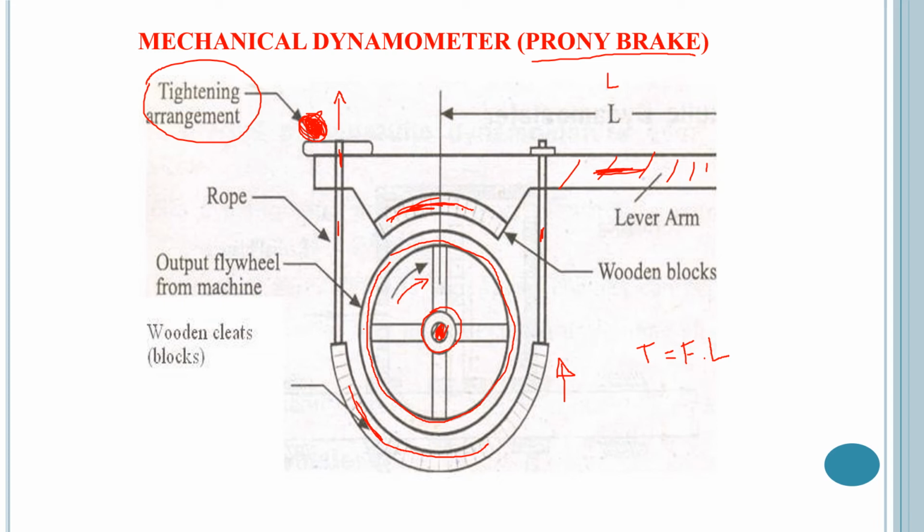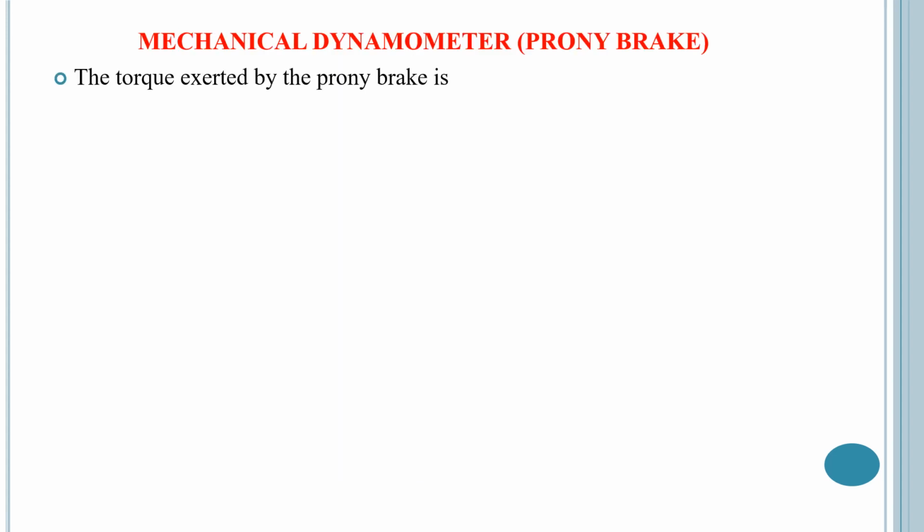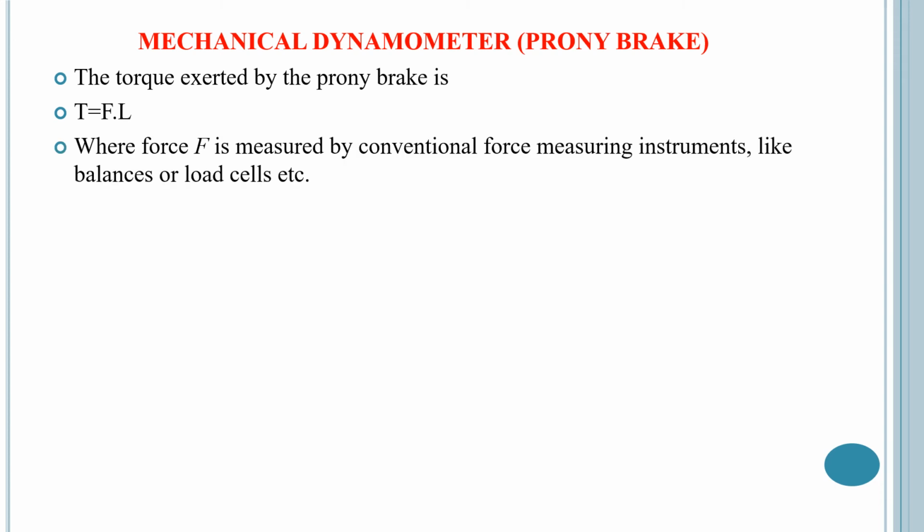F can be measured by conventional force measuring instruments like balances or load cells, etc. And we can find out the length, and hence we can find out torque easily by this formula.